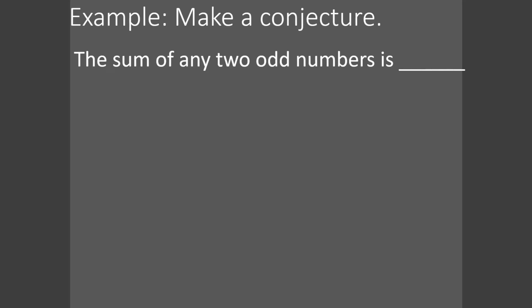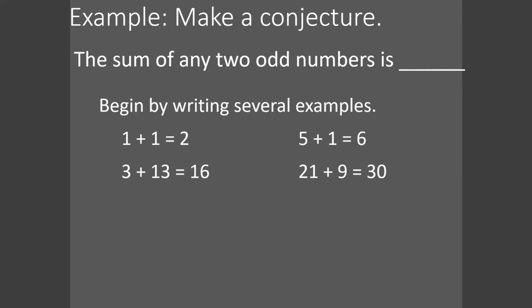Now, let us have an example in making a conjecture. The sum of any two odd numbers is blank. For us to make the conjecture, we have to cite some examples. So let's say we have 1 plus 1 is equal to 2. 1 is an odd number.